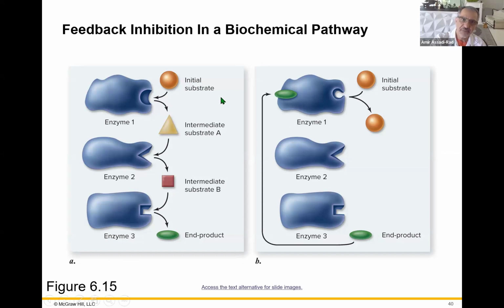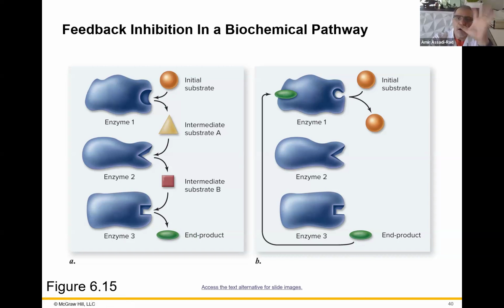Feedback inhibition, again, same example. The circle comes, and the triangle and the square, and this is the end product. At the end, this one will go back and attach to the allosteric site. You remember that? And the enzyme's active site narrows down, so this does not fit in here anymore.